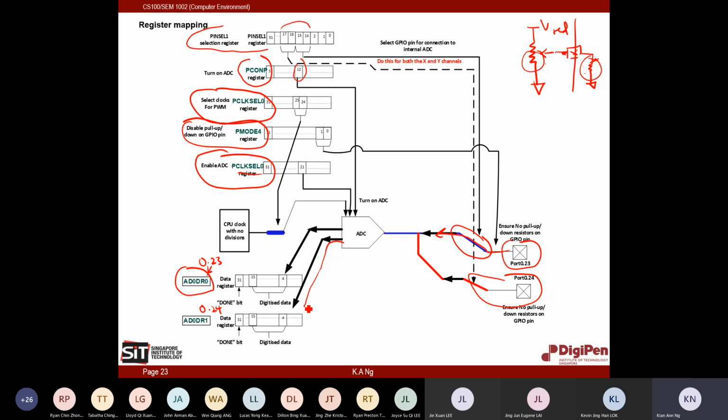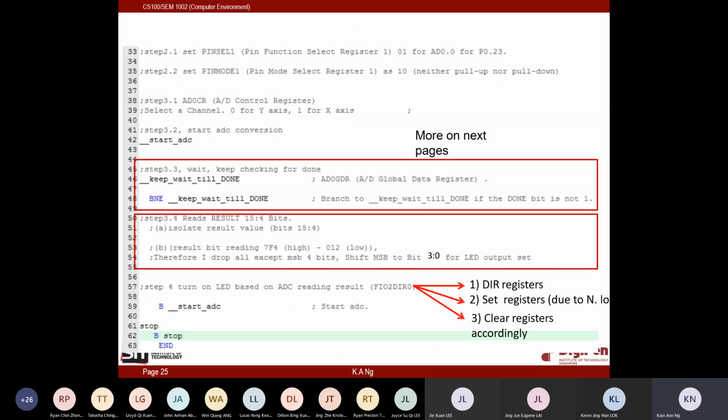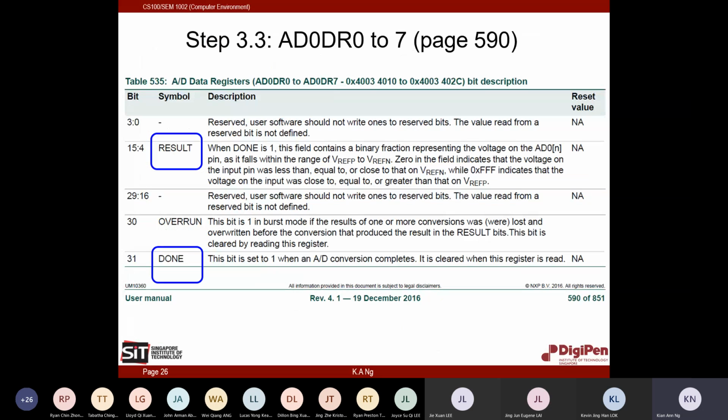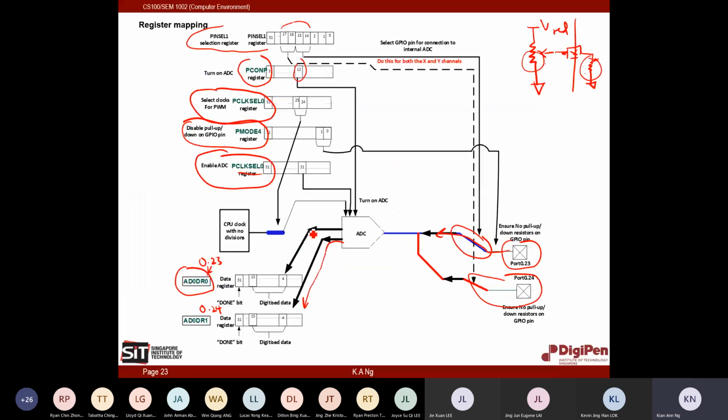After conversion, it will be stored in these registers, the physical hardware registers. Okay. So to read this register, right, you must do the LDR. You keep reading these registers, then you can decide what logic you want to apply to drive the LEDs. So this one is an example. For that register that I mentioned just now, how do you read this register, right?